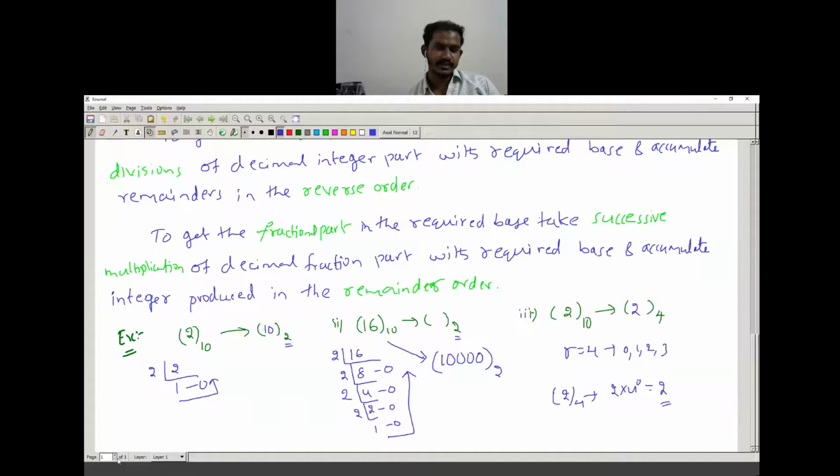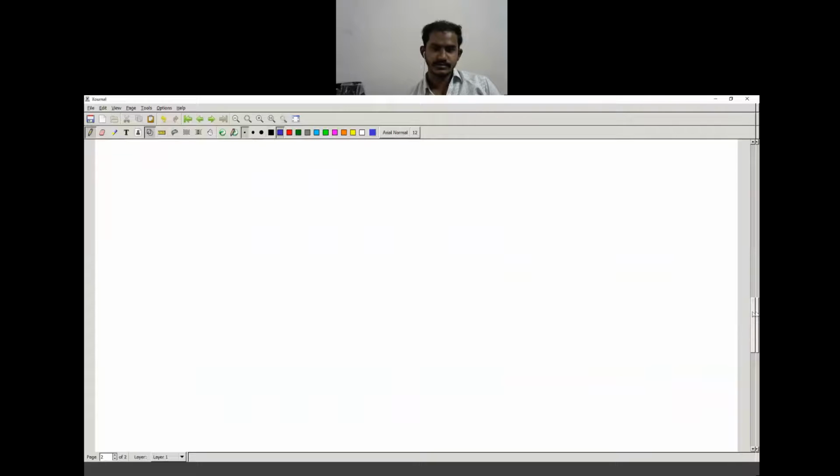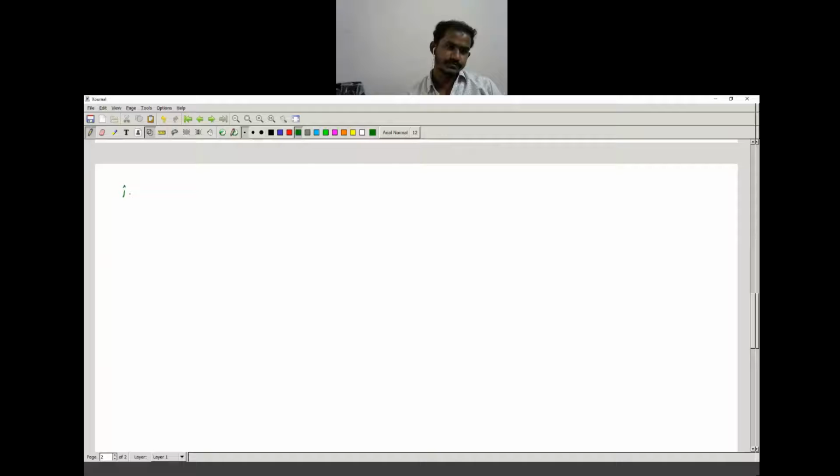Let's do one more problem with a fractional part. There is a given decimal number, and you're asked to convert it into binary and also into base 4.